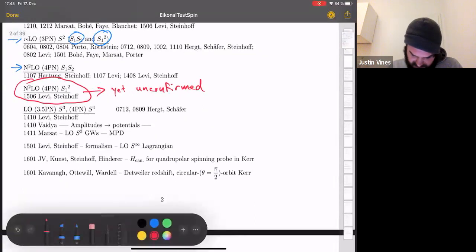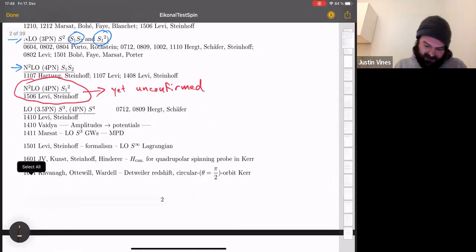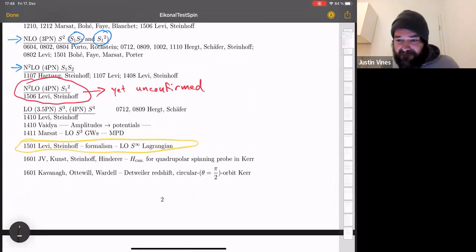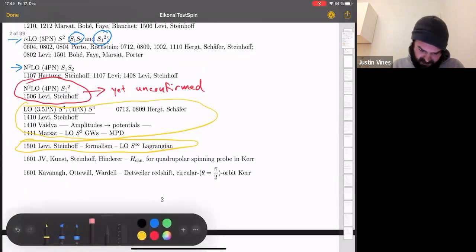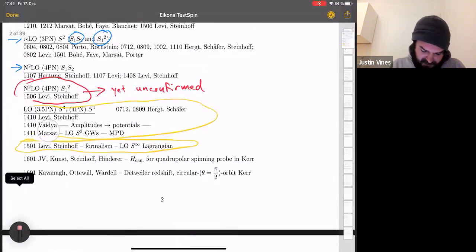Then let me next highlight this amazing work by the same 2 authors, and actually that was very much building on these leading order spin cubed and spin to the 4th effects here.